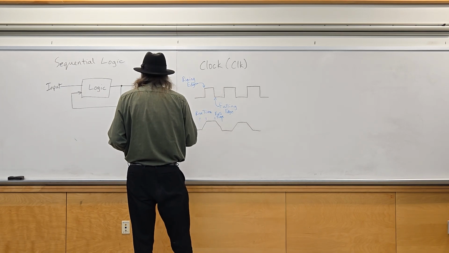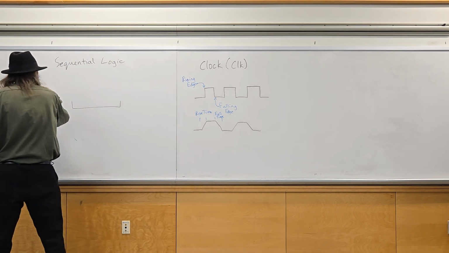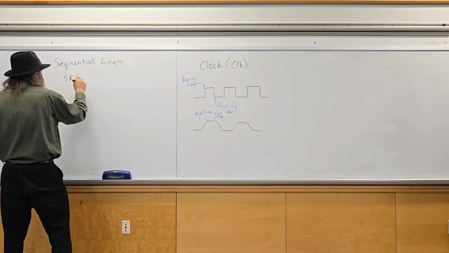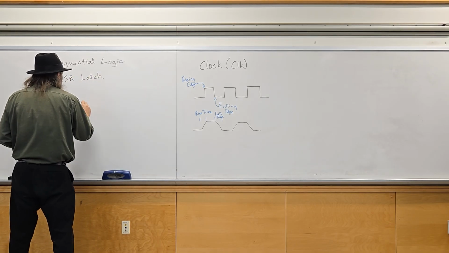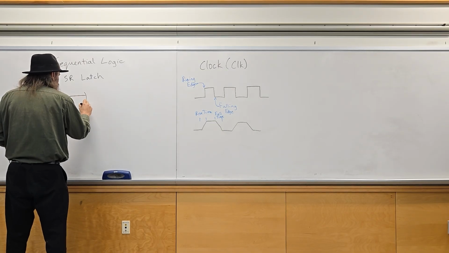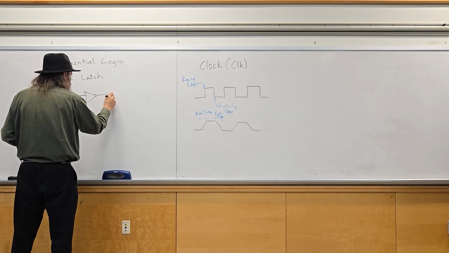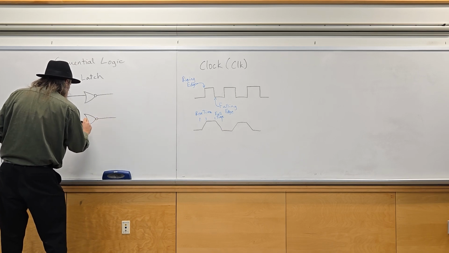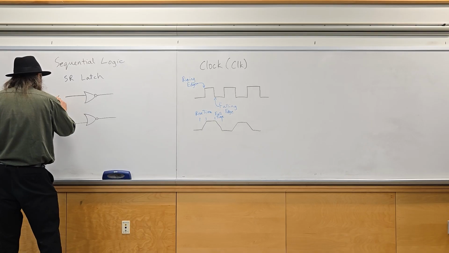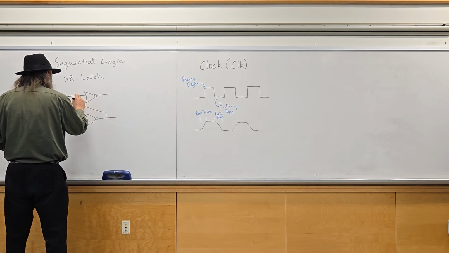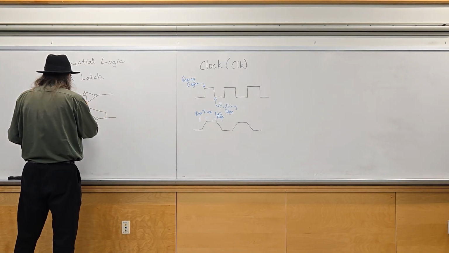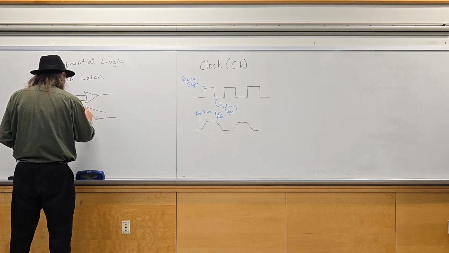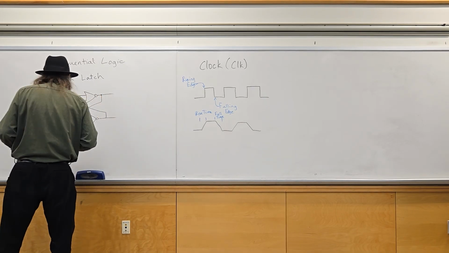One of the most simple sequential logic circuits is the SR latch, which consists of two cross-coupled NOR gates, like so.